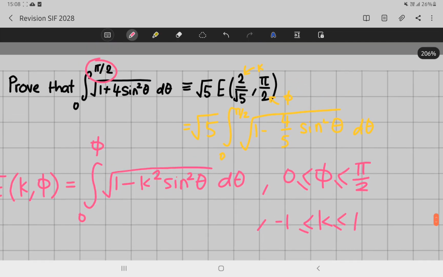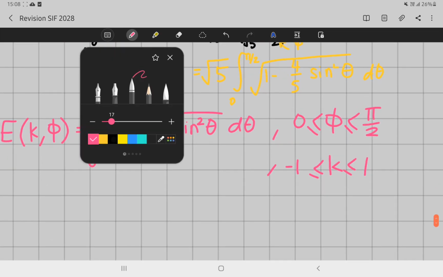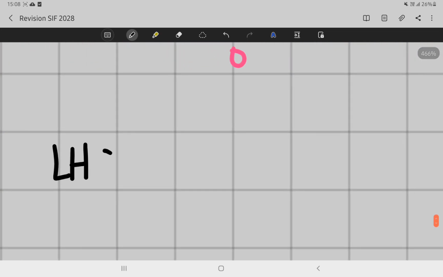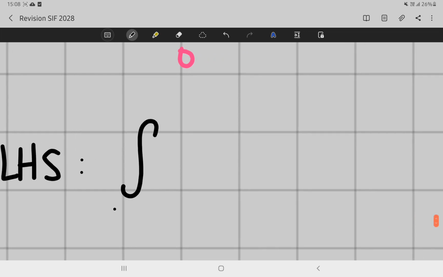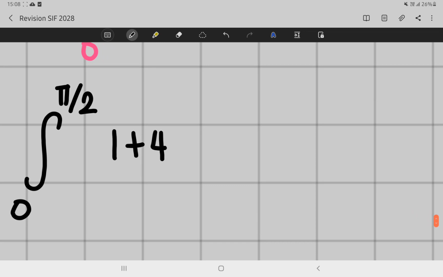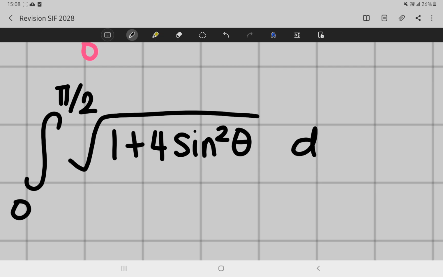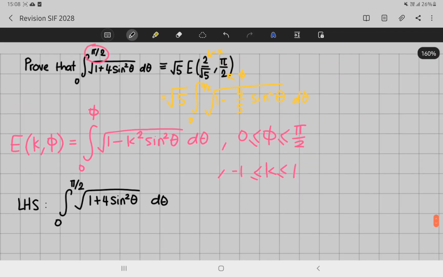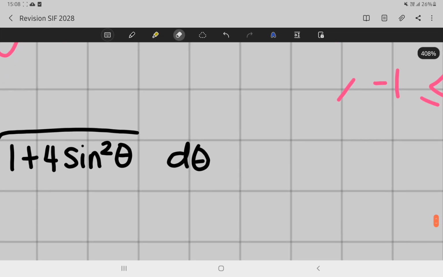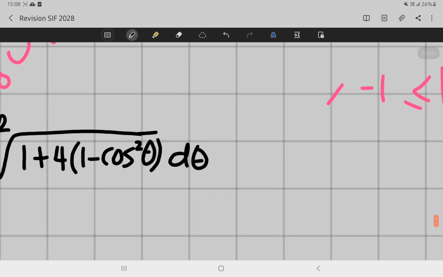So what we can do is manipulate our left hand side. The left hand side is given by the integration from 0 to pi over 2 of square root of 1 plus 4 sine square theta d theta. I want you to realize that sine square theta is 1 minus cosine square theta, using the basic identity.